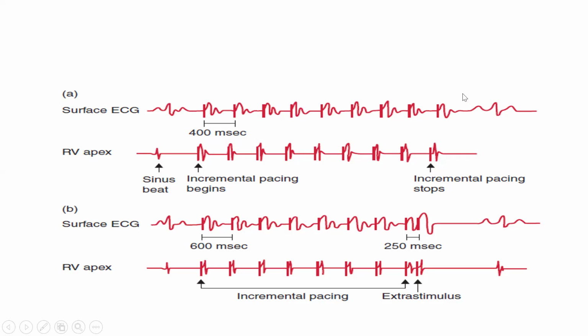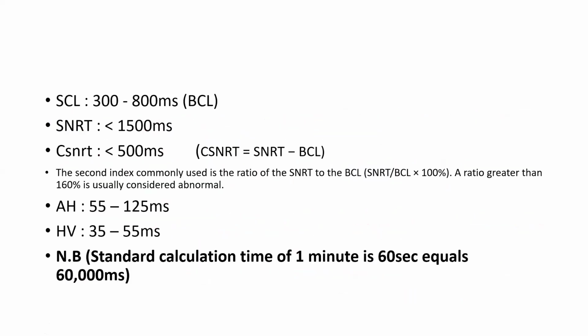If we subtract the basic cycle length from the sinus node recovery time, we get the corrected sinus node recovery time. That corrected sinus node recovery time should be less than 500 milliseconds. If it's less than 500 milliseconds, we say there is normal function of the SA node.